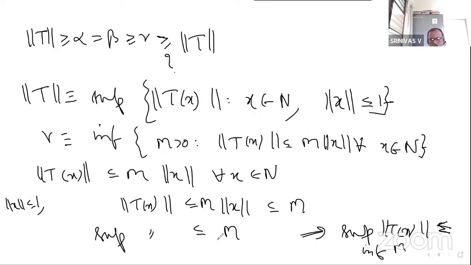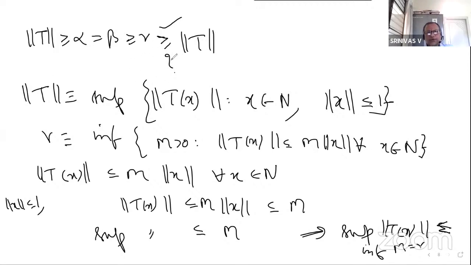This is your gamma, and this is your norm T. That's how you have gamma is greater than or equal to norm T.